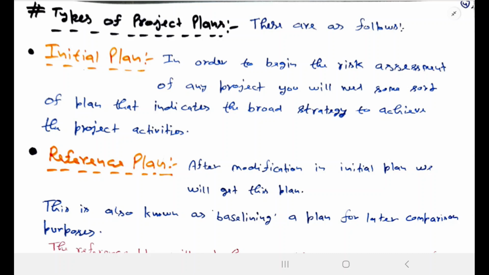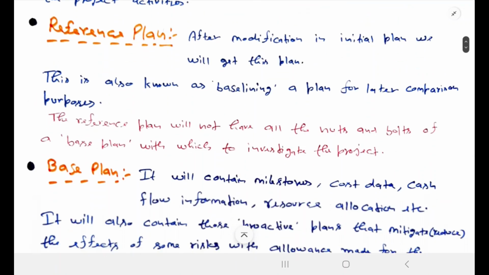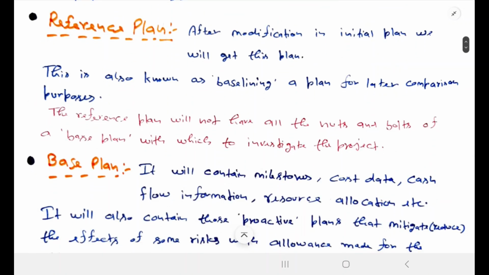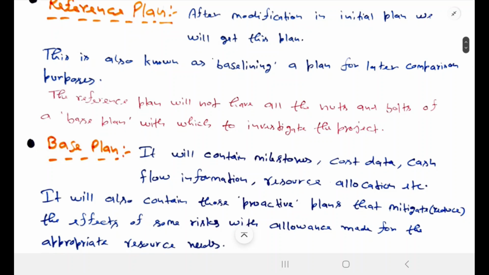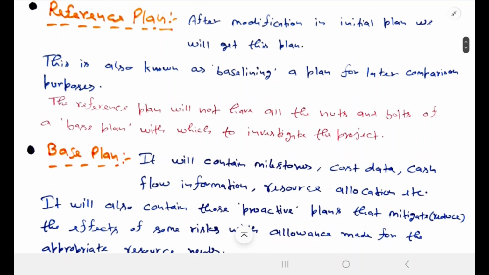The next plan is the reference plan. After modification in the initial plan, we will get this plan. This is also known as baselining, a plan for later comparison purposes. We have discussed earlier that after every phase, we will compare our actual progress with the planned one.